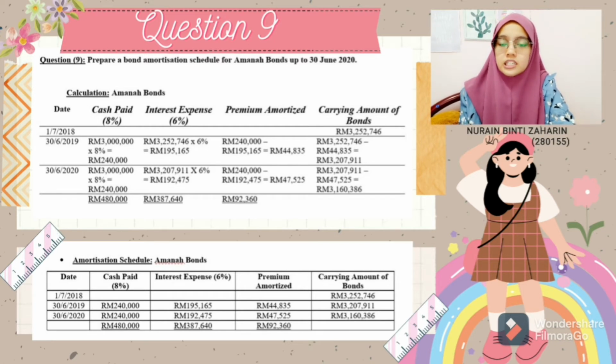Then, to get the interest expenses for 6%, we need to multiply the carrying amount of bonds, which is 3,252,746 times the 6% interest expenses to get the interest expenses amount, which is 195,165 ringgit.